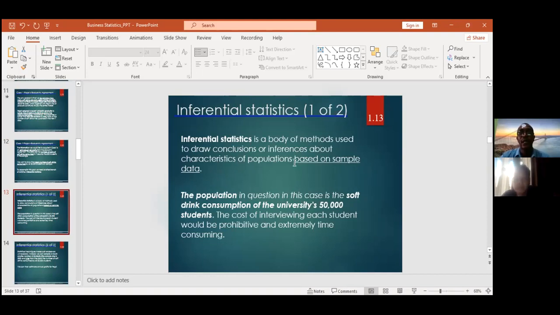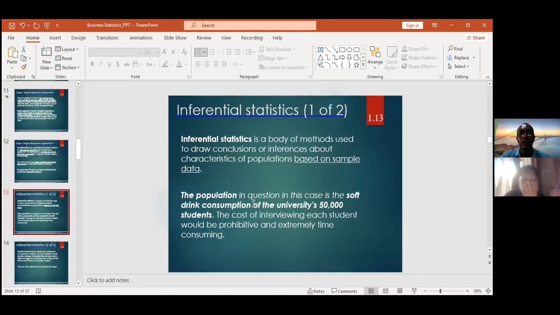Now you can see the reason why Pepsi has to choose only 500, because they want to apply inferential statistics that allows you to take only a sample of the population, not the entire population.